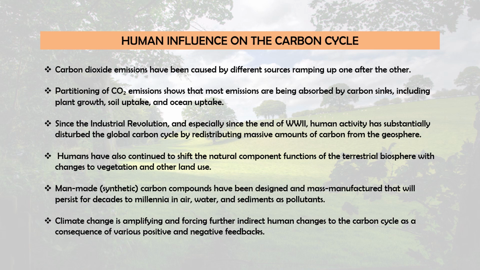There are also various land use changes, as humans have directly and gradually influenced the carbon cycle over century-long timescales by modifying the mixture of vegetation in the terrestrial biosphere.